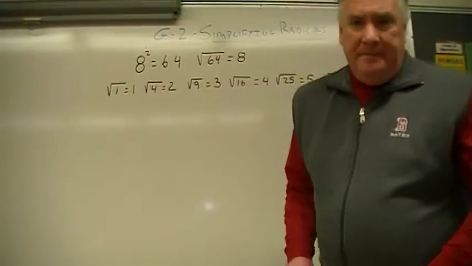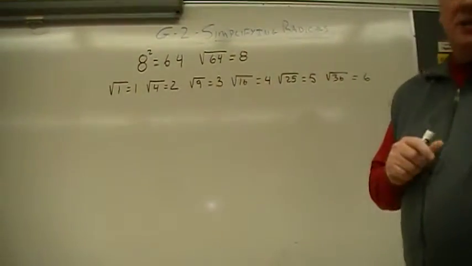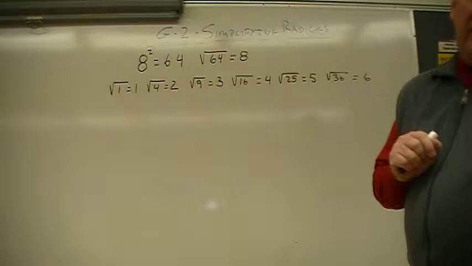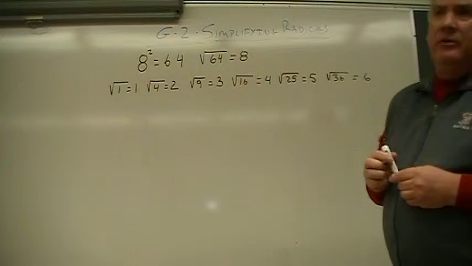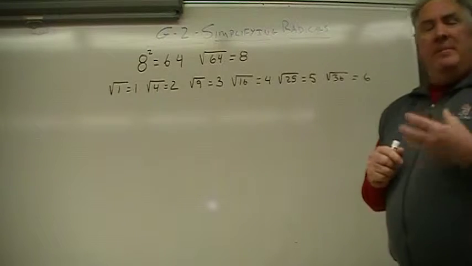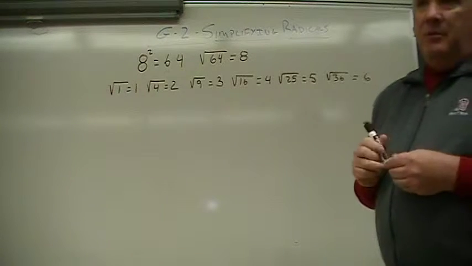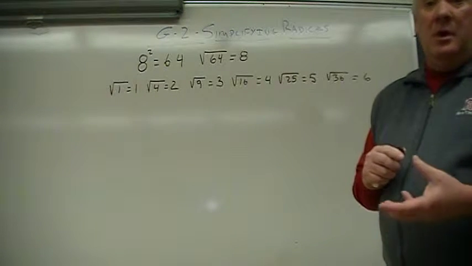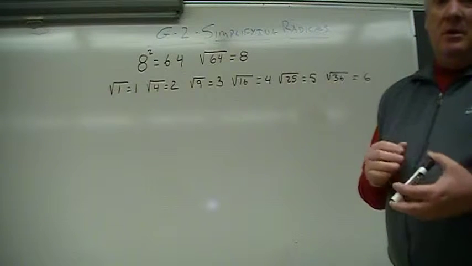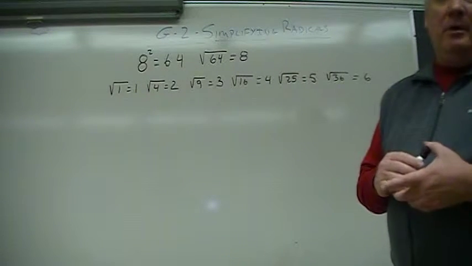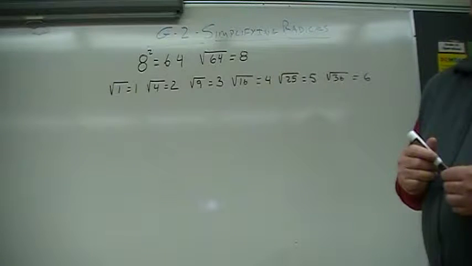Hi everybody. You finished G-1, Pythagorean theorem, working with right triangles. One of the basic skills that we need to be able to do with radicals, answers in radical form, would be to simplify them.